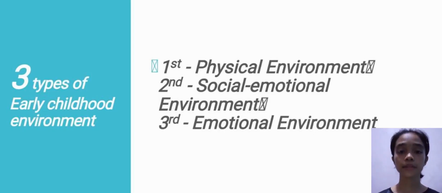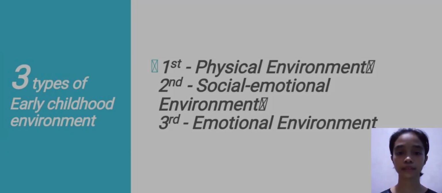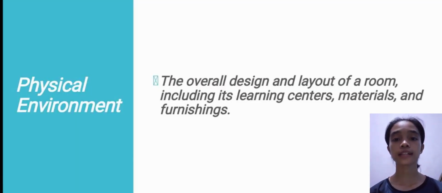There are three types of early childhood environment. The first one is the physical environment. The second one is the social environment. And lastly, the emotional environment. The physical environment refers to the overall design and layout of the classroom and also the learning centers, including the space, materials for learning, and also the engagement of every child.